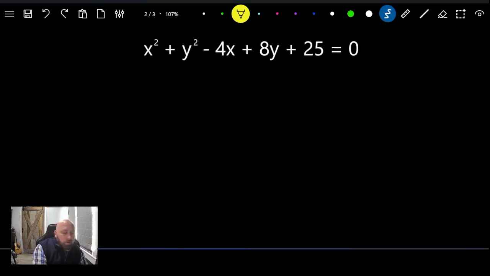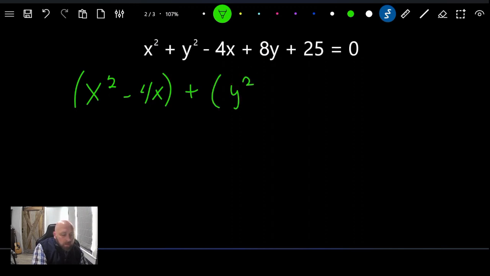I'm going to do this work fairly quickly. So we're going to have x squared minus 4x, plus y squared plus 8y, equals negative 25. We're going to complete the square from there.